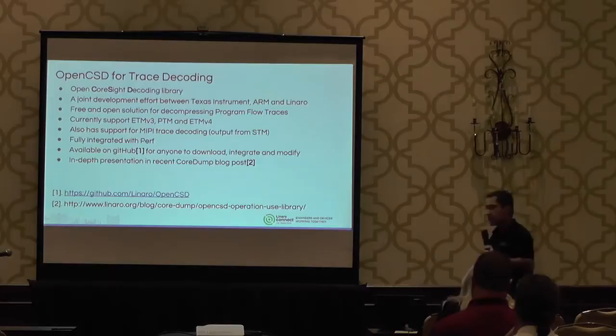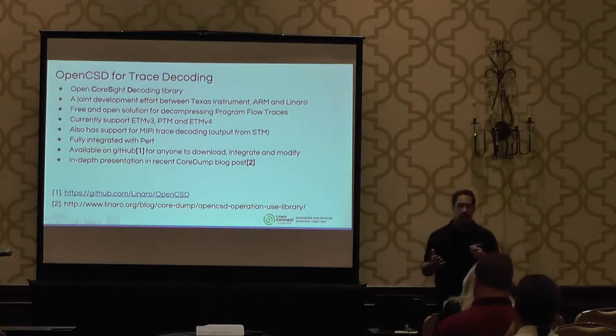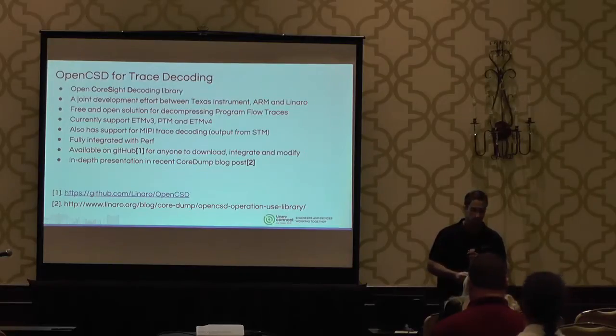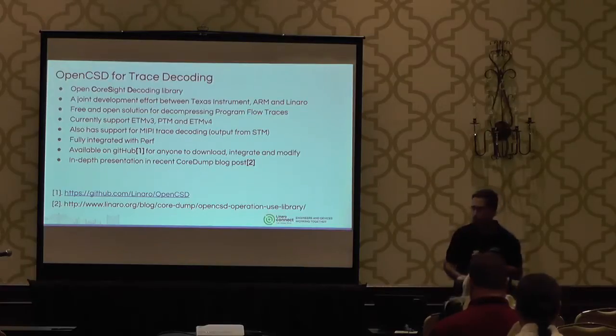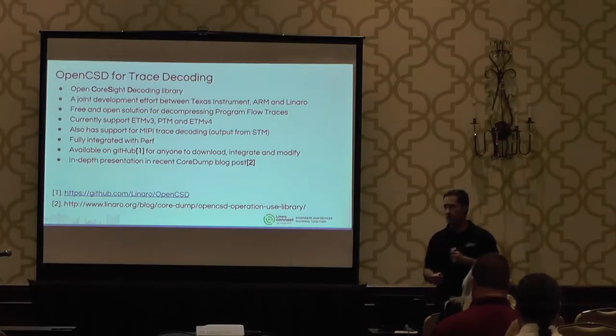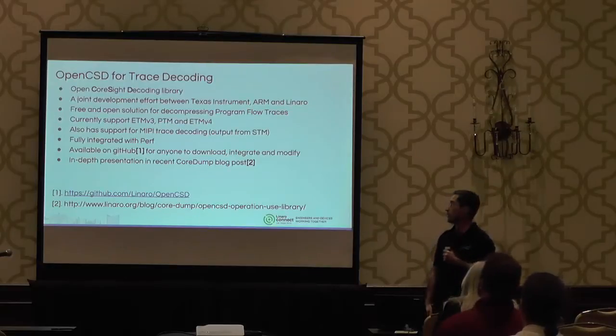So with that, we pretty much covered all of the kernel side of the solution. There's not a whole lot of material there, but everything has its functionality. With this, we introduced the Open CoreSight decoding library. That's a joint effort between ARM, Texas Instruments, and Linaro to bring the capability to decode any CoreSight traces generated by the framework with a standalone library.